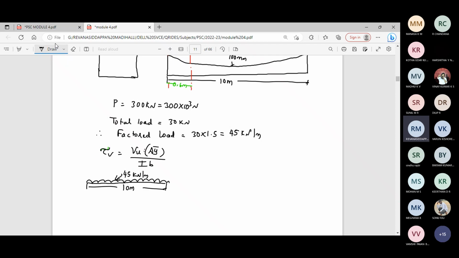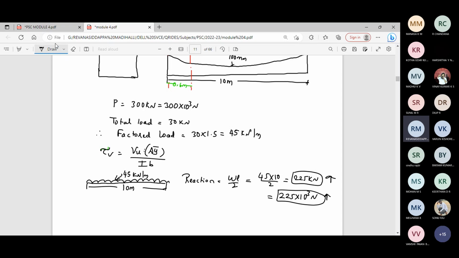Therefore, reaction is equal to WL by 2 is equal to 45 into 10 divided by 2. If you calculate, you will get it as 225 kilonewton, in upward direction, or 225 into 10 power 3 Newton. This is the shear force due to the load.